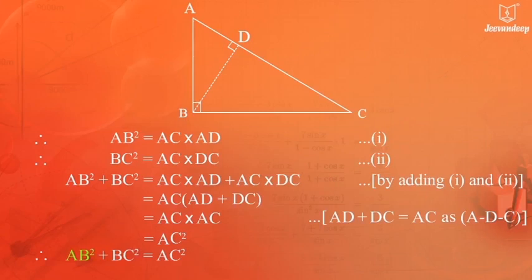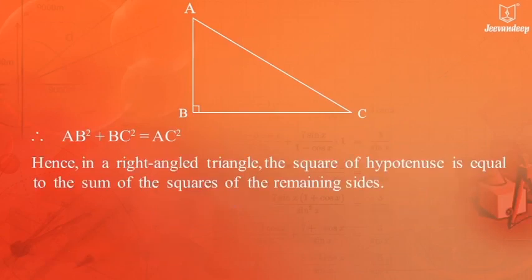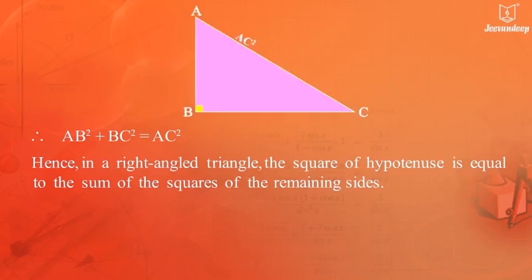Therefore, AB square plus BC square equals AC square. Hence, in a right-angled triangle, the square of the hypotenuse is equal to the sum of the squares of the remaining sides.